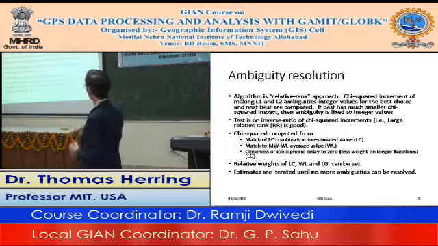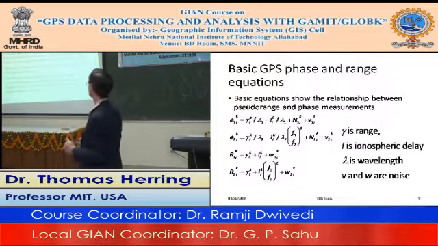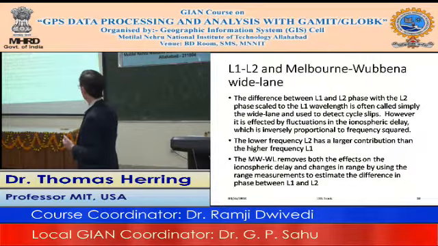So the Melbourne-Wübbena wide lane, as I said, we talked briefly about this, is the difference between the L1 and L2 phase, and an estimate of that based on the pseudo range values, and it should be an integer value. So I'm just going to give you some examples of what this looks like.